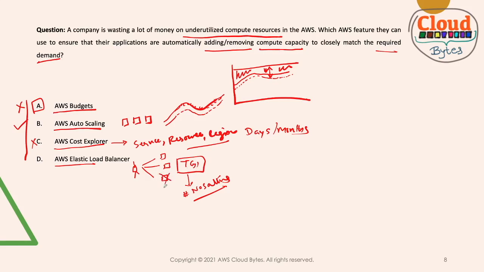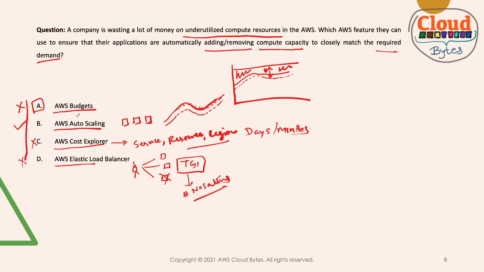If one of them dies, it will reduce. It is not going to add a new instance until there is a scaling policy added to this target group. So this in itself is not the solution.